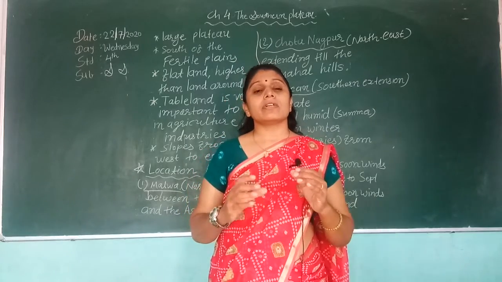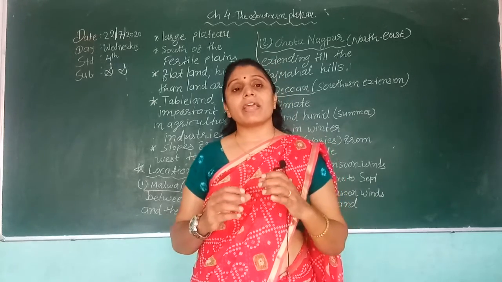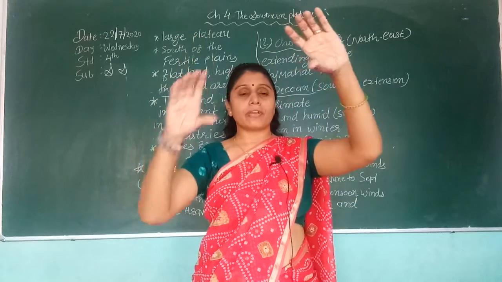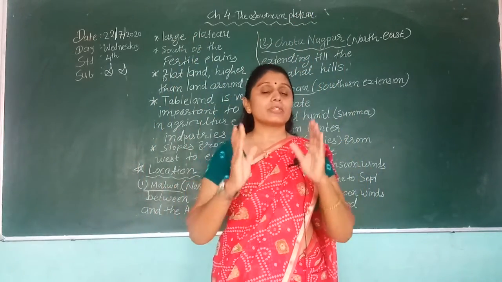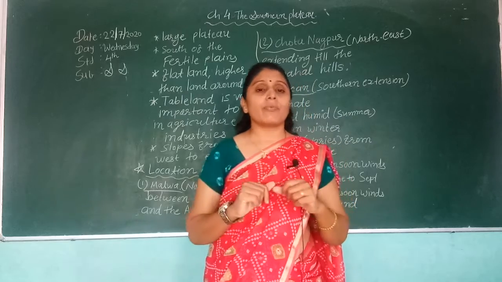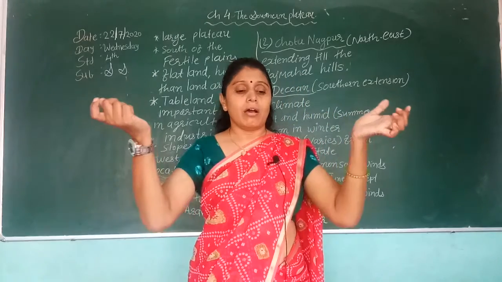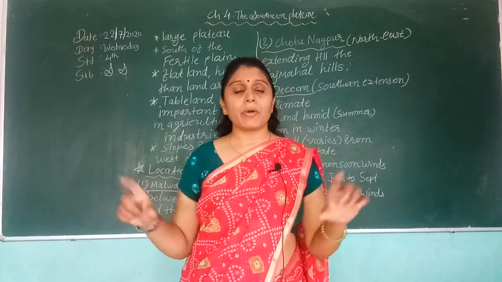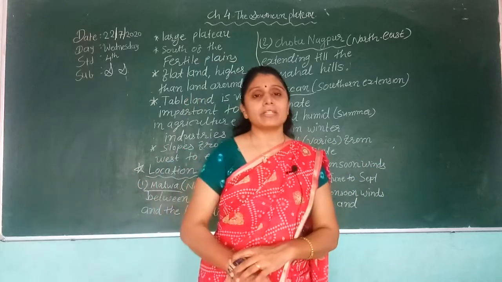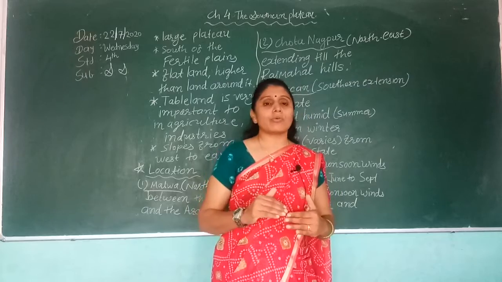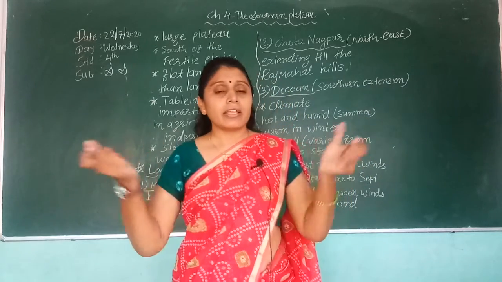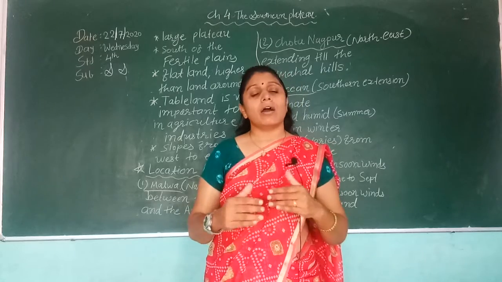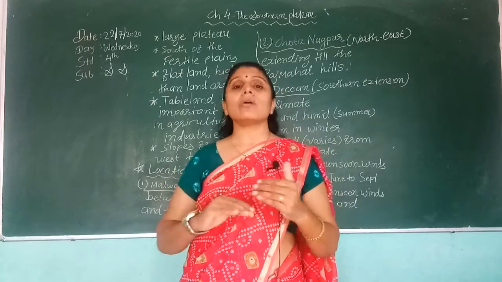Some areas are very cold. The northern portion of our country is very cold, with snowfall. And in the downside coastal area, there is a moderate climate. Moderate means not so hot and not so cold, because they are nearer to the sea, so the wind is not so hot and not so cold.